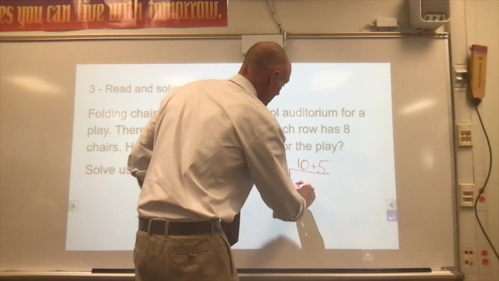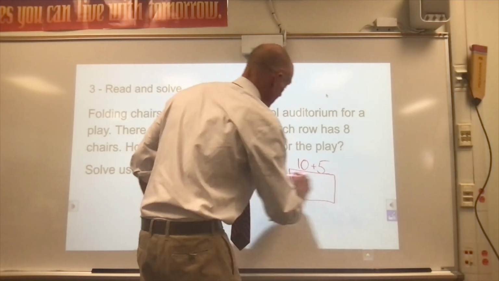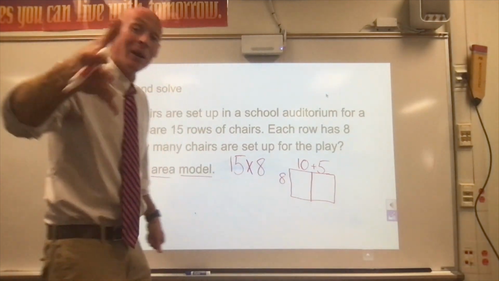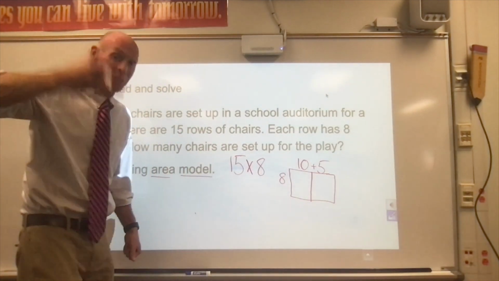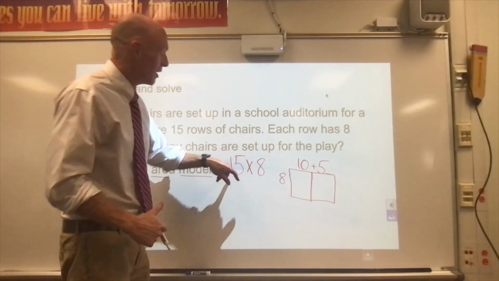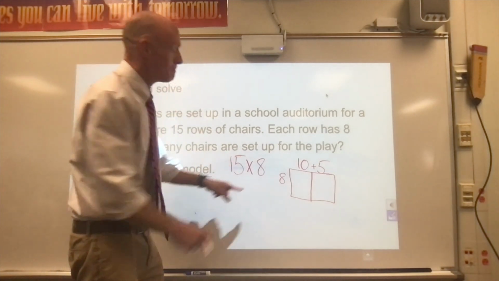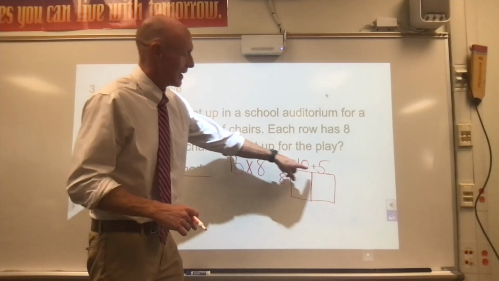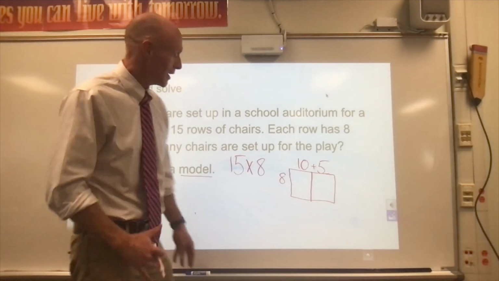So we're going to put 8 over here. Maybe right now this area model is starting to look a little familiar. All we did was take 15 and separate it into easier numbers to deal with. A 10 and a 5. Put it together as 15.